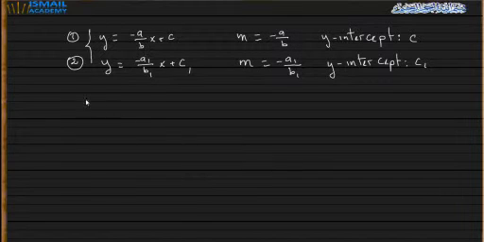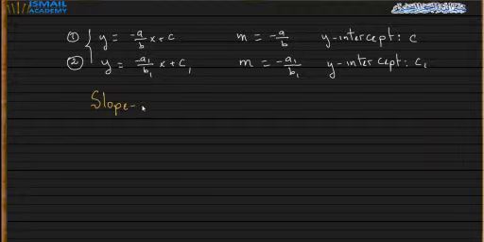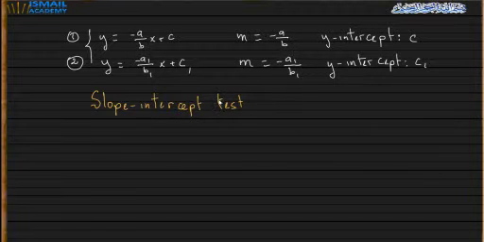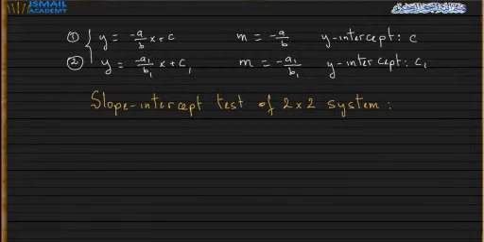So this is called the slope-intercept test of a 2 by 2 system. How does the test work? We have three cases because we have three types of solutions. So we have three cases for the slope.